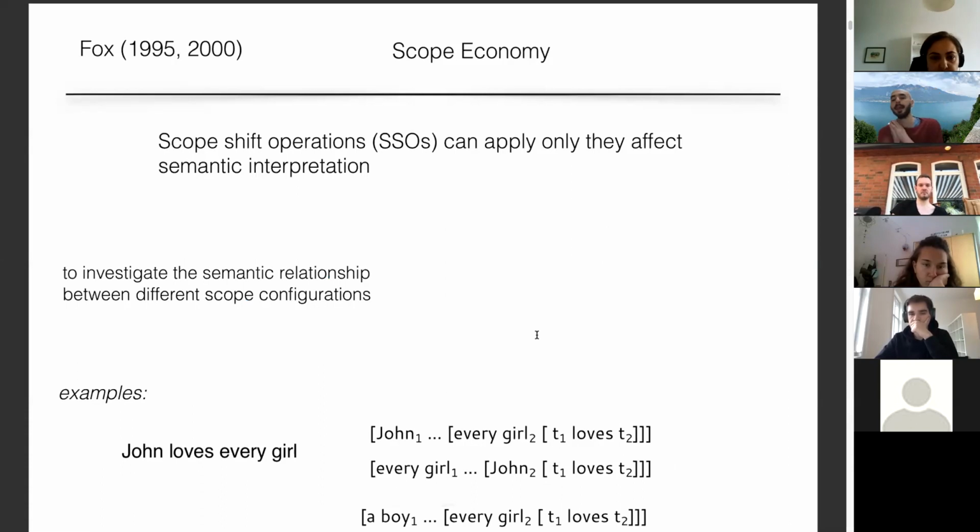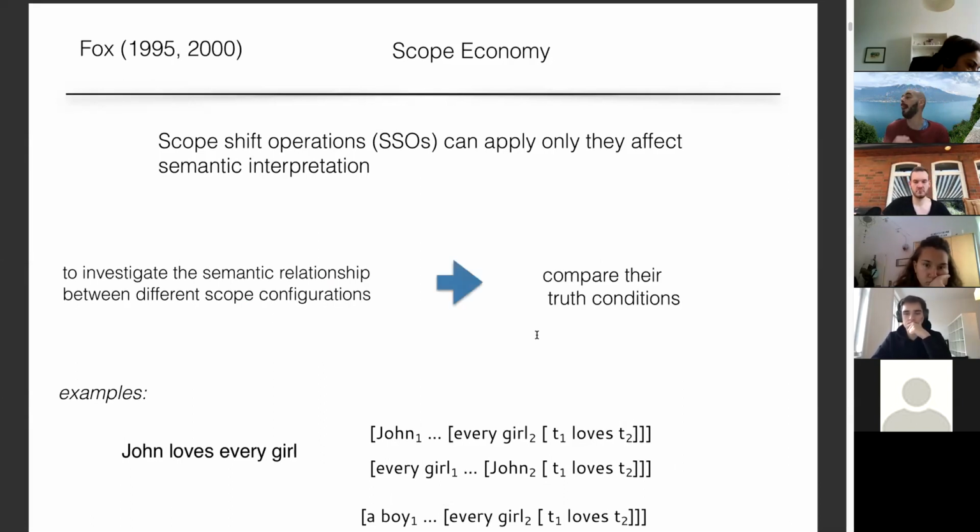So to investigate the relationship between different scope configurations, what a good semanticist has to do is to compare their truth conditions, okay? And we know that the truth conditions are the situations in which these sentences are true, and the situations in which these sentences are false.